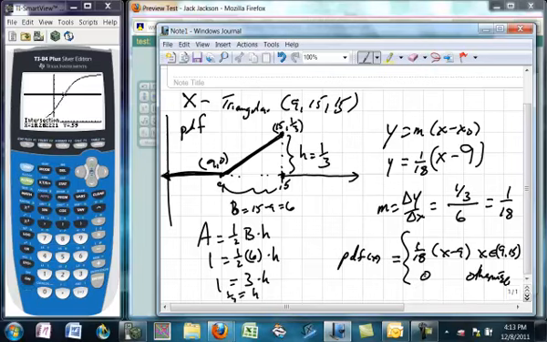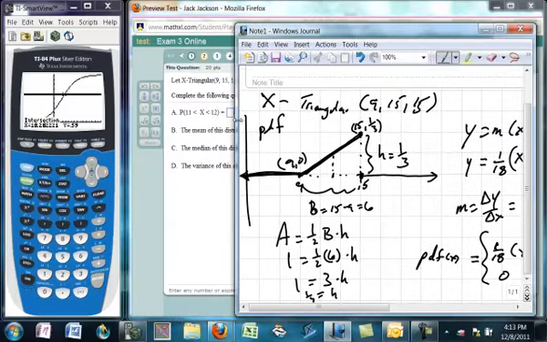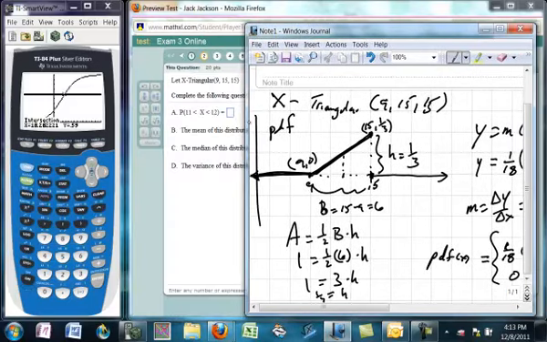That might be useful later, because if we're given an x value, that'll tell us the height at that particular x value. We may need that in a little bit. Now we want to know the probability that x is between 11 and 12. I don't know if I've drawn these in exactly the right places, but somewhere we have an area that looks like this.